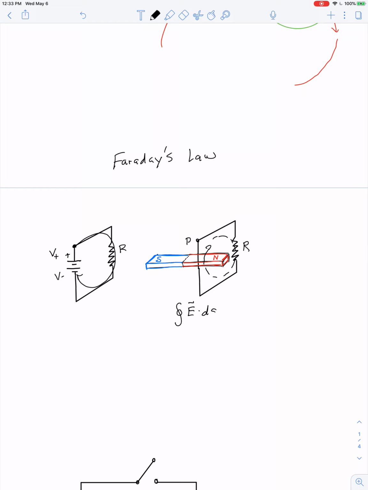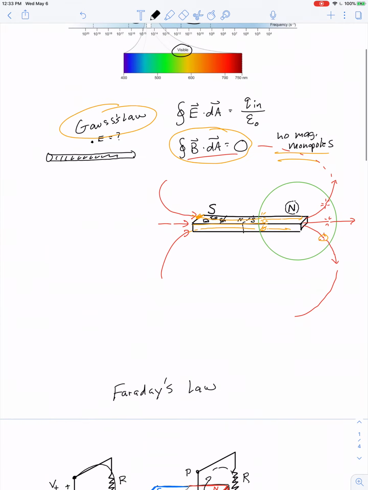So we can say voltage is the integral of E dot ds. And that voltage applied around the loop that doesn't contain a battery is entirely dependent on how quickly the flux is changed. In other words, it's equal to the rate of change of the magnetic flux. And we've got to throw in a negative sign as a reminder of Lenz's law and the direction of current that would be induced.